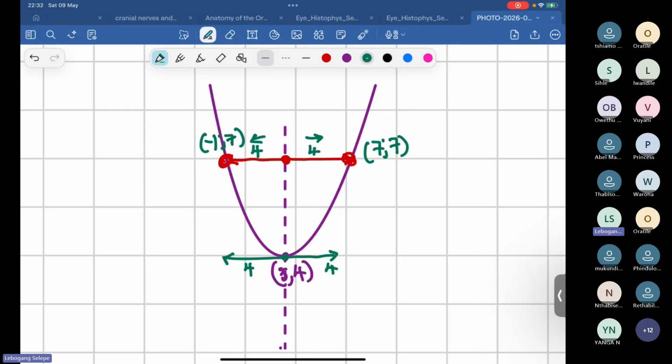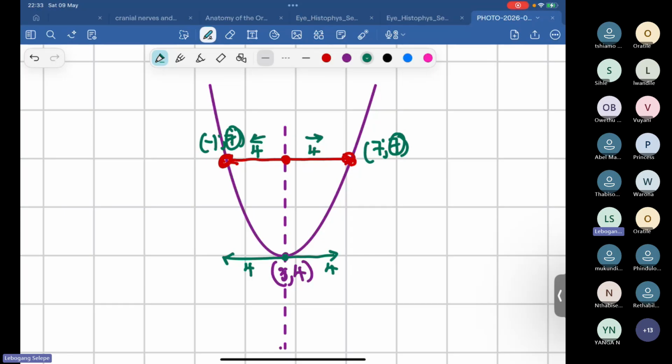So it also helps you to calculate coordinates of other points if you know that they're on the same y value. For example, in this case, I know that these 2 points are on the same y value because the y values are both 7s. So it means that their x values should be symmetrical along the turning point. What do I mean by that?